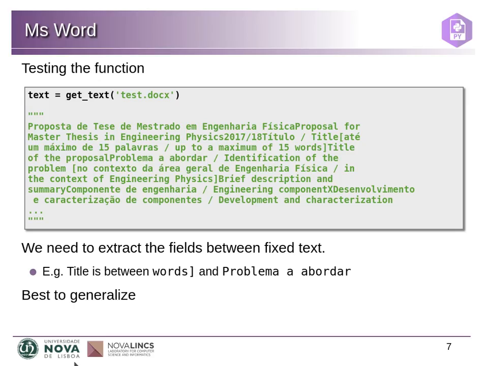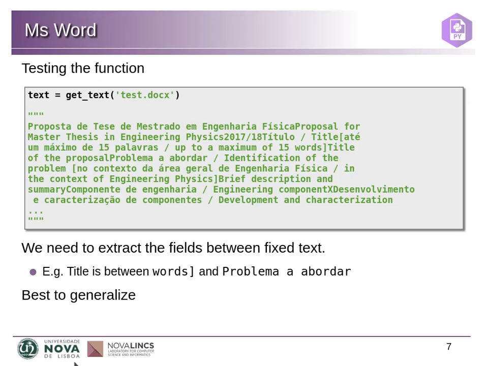And it finishes when the next part of the fixed text, problema a abordar, and so on, starts. So we need to find these fixed text parts and extract whatever is between them in the text that we extract. And we're going to generalize this.